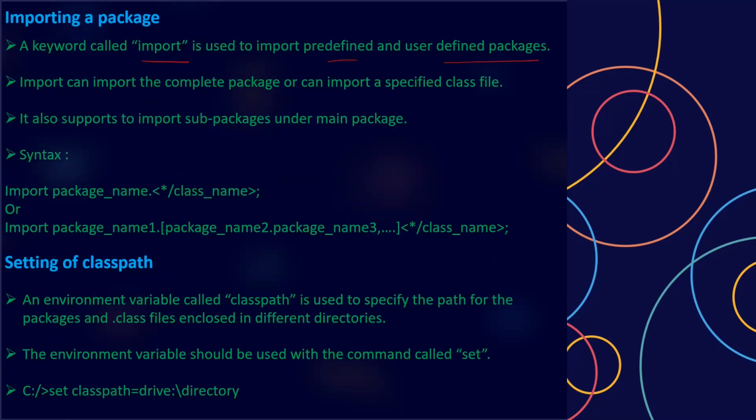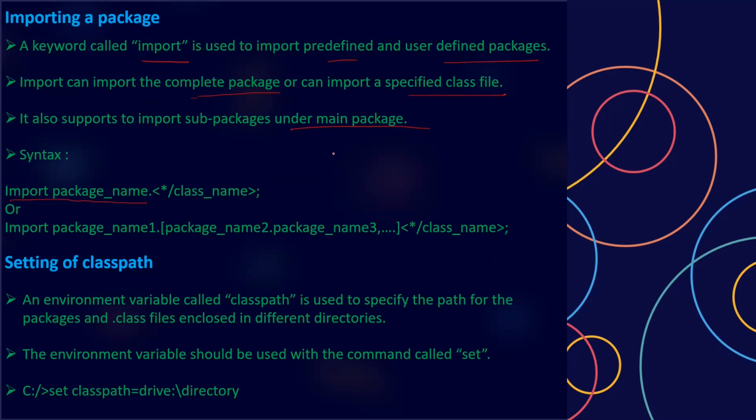Now, import: import can import a complete package or it can import only a class file. It can also import sub packages under the main package. So this is how we are going to import: package name dot star.